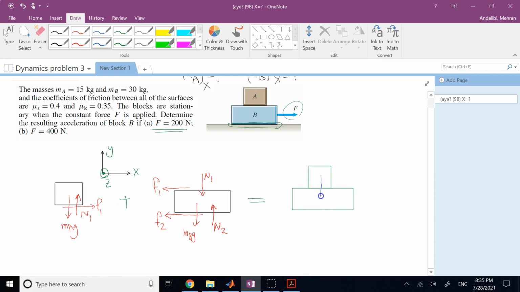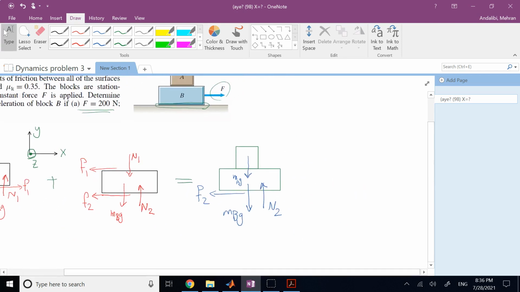So all you will end up with is MAG, MBG, N2, and the friction F2. Those actions and reactions F1 and N1 are eliminated once you add them together. Now this is a little bit better. It has only unknowns F2 and N2 in it.